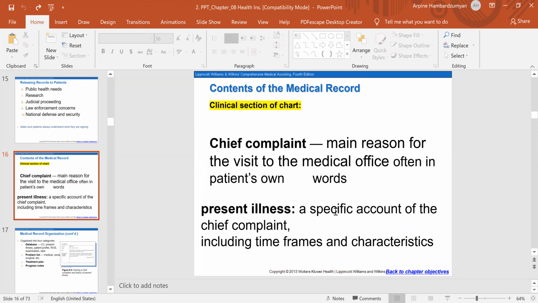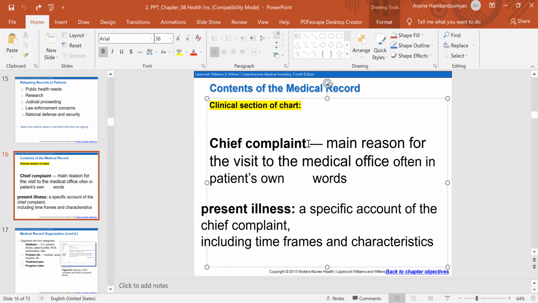Here we have some terms that you know from other modules. We don't have to go deeply. So we need to know what is chief complaint. And if you can remember and let me know what is the abbreviation for chief complaint, you will make me happy. So main reason for the visit to the medical office.